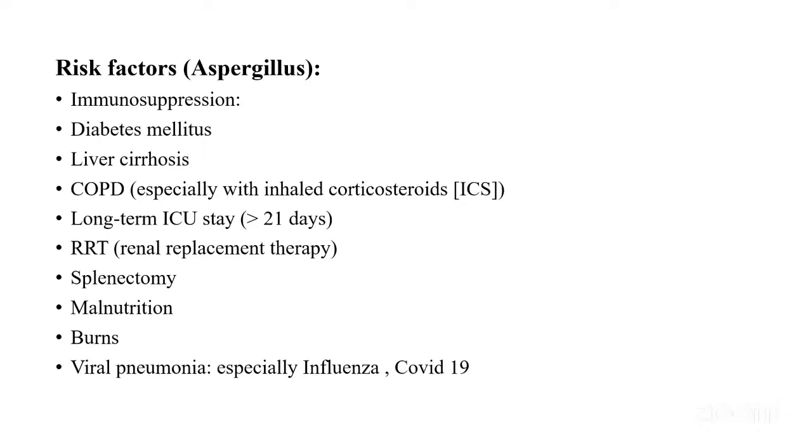Then diabetes, liver cirrhosis, COPD, especially patients on inhaled corticosteroids, are risk factors. Also long-term ICU stay of more than 21 days, renal replacement therapy, post-splenectomy, malnutrition, burns patients, and viral pneumonia, especially influenza and COVID-19.